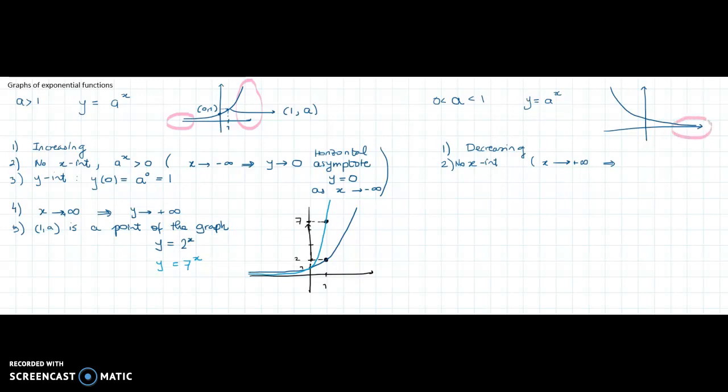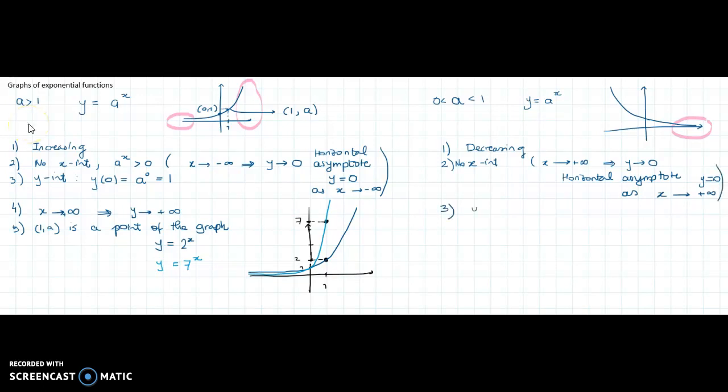The branch of the function on that side is getting closer and closer to the x-axis. So we say that y approaches 0. And again, we say that there is a horizontal asymptote y equals 0, but this time as x is approaching plus infinity. So that's slightly different than the previous case.